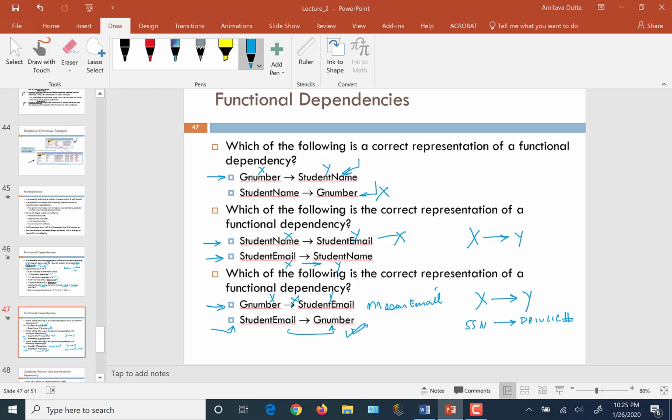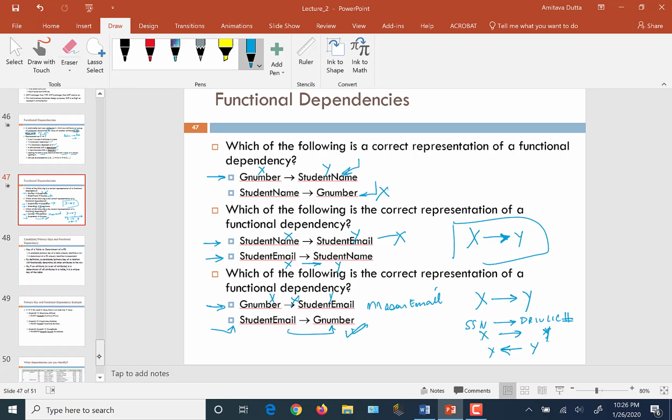So if I give you a social security number, you can give me exactly one driver's license. Similarly, if I give you one driver's license, you can give me exactly one social security number. So this is an example where X functionally determines Y, and also Y functionally determines X, but usually this is not the case. Functional dependencies are directional. Always remember that if X functionally determines Y, then the reverse is not necessarily true.